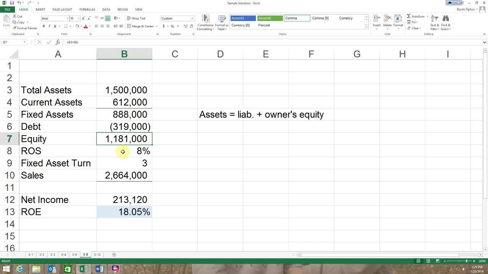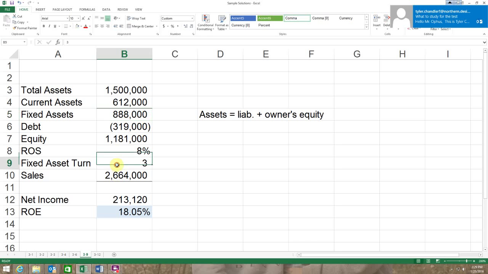Now, what else does it give me? It says my return on sales is 8%, so I just plug that in. And I turn my fixed assets over 3 times per year. Wow, okay. So I had to calculate what my fixed assets were. So this isn't asset turnover, this is fixed asset turnover, okay?